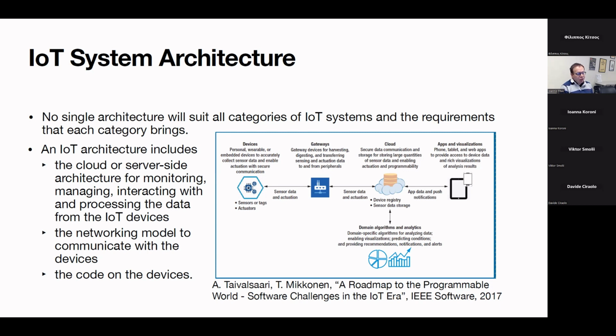We have gateway devices. So the sensor devices are connected to gateway devices. The main function of these gateway devices is to convert messages obtained from sensor devices to internet protocols. So gateway devices provide access to the internet communication infrastructure.